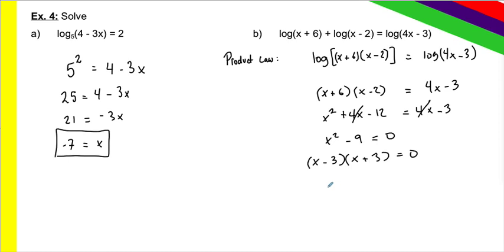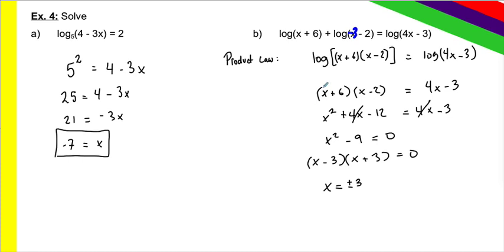And we have two solutions: positive 3 and negative 3. Now, there is only one valid solution, however. If we look to check those, notice that when we plug in the negative 3, the negative 3 actually gives us negative values inside two of the expressions.